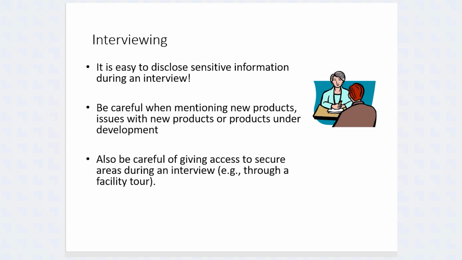So you also want to make sure that individuals coming for an interview are given a visitor badge, let's say. They are not given access to secure areas. They are given a facility tour, which is specified in advance. And these things will help prevent social engineering attacks or the sharing of confidential information.